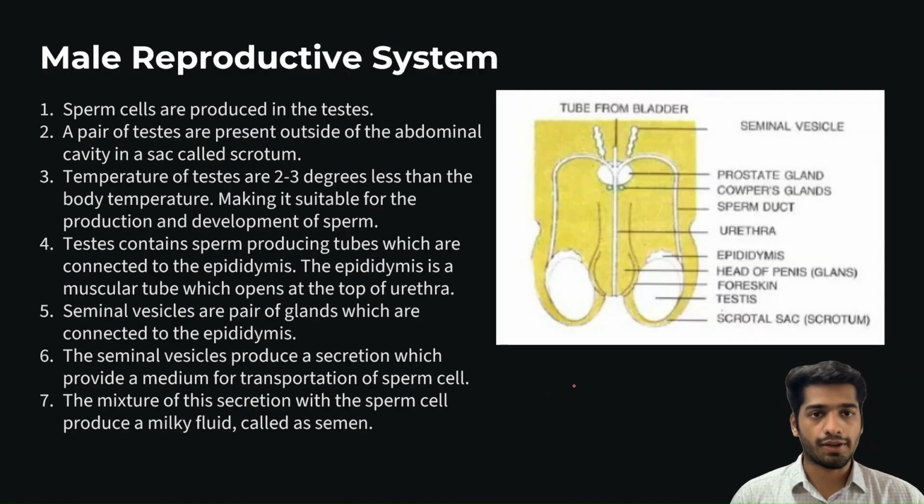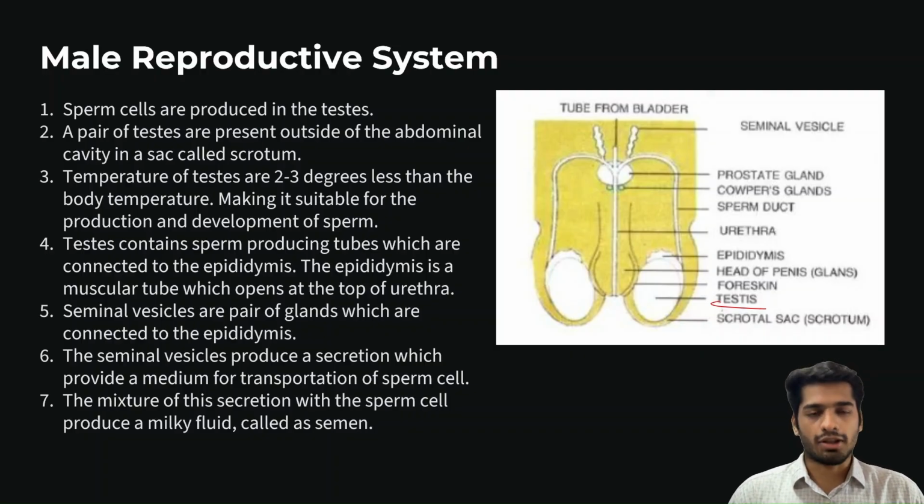Now we are going to talk about the male reproductive system. The first structure that we are going to study is the testis. In males, there is a pair of testes, the right testis and the left testis. Before birth, when we were inside the mother's womb, the uterus, the testes were inside our body, in the abdominal cavity.